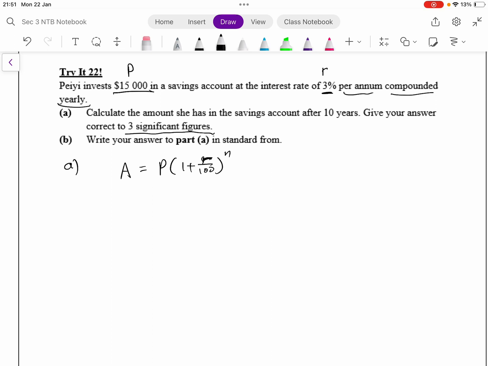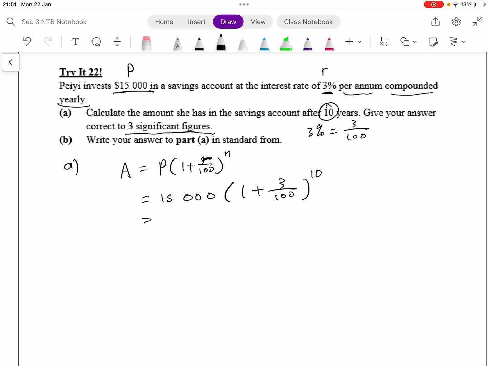Sorry, this is R. So our P is 15,000, our R is 3, so we put 1 plus 3 over 100, because 3% is 3 over 100. Our N is 10 years, because we compound yearly for 10 years.